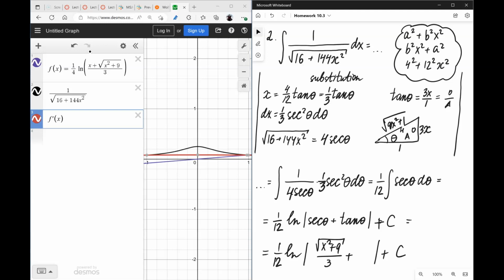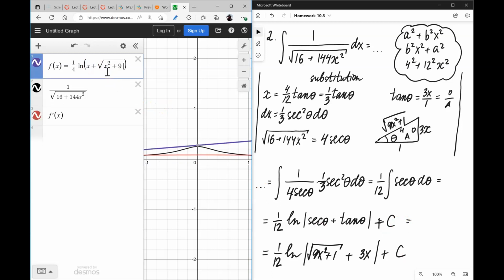Tangent will be 3x, and secant will be square root of 9x squared plus 1. So that was the mistake. And now we're going to double check everything. So we're going to remove this.